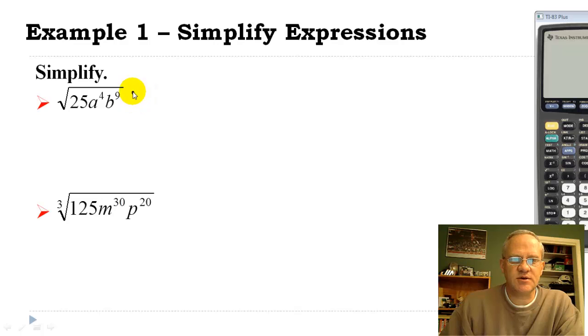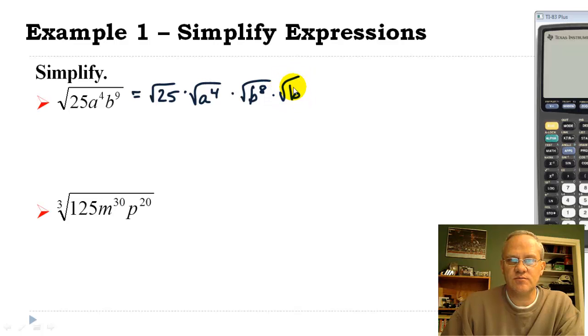So we can split this up into square root of 25, square root of a to the 4th, and square root of b to the 9th, but we know that's not going to divide out evenly. Remember that last time? So I'm going to change this to b to the 8th times b. Together, here's b to the 8th, and there's one more, so that's b to the 9th all together. So I also split up the b to the 9th there.